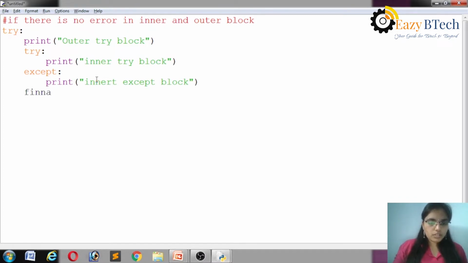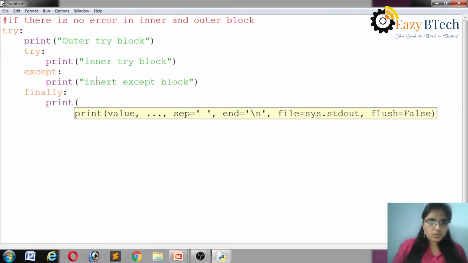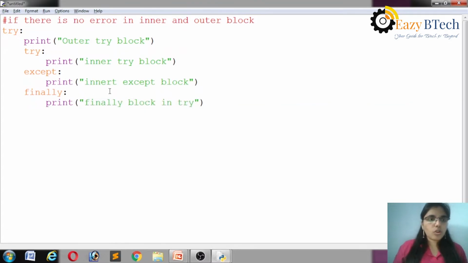Finally, print finally block. Finally block in try. Inner except block in try. Let's take here except block in try.